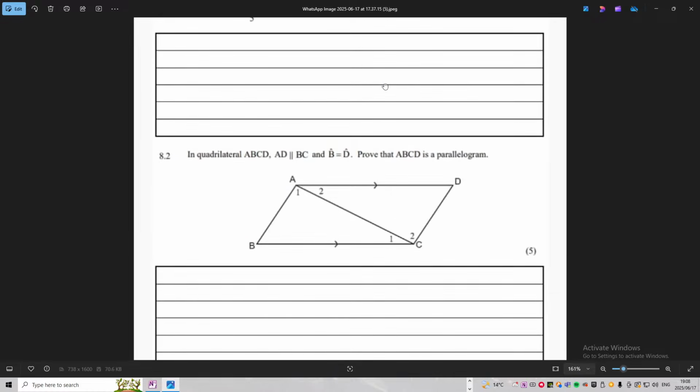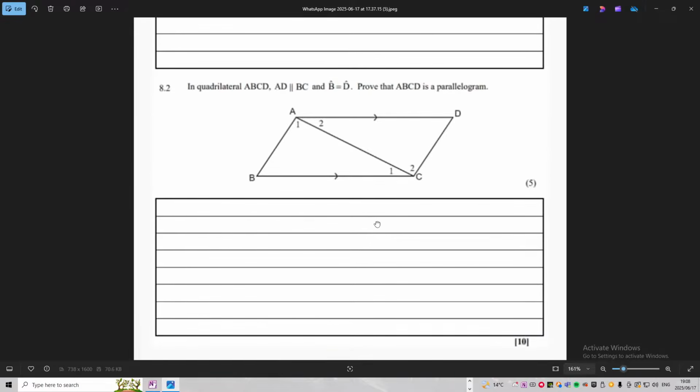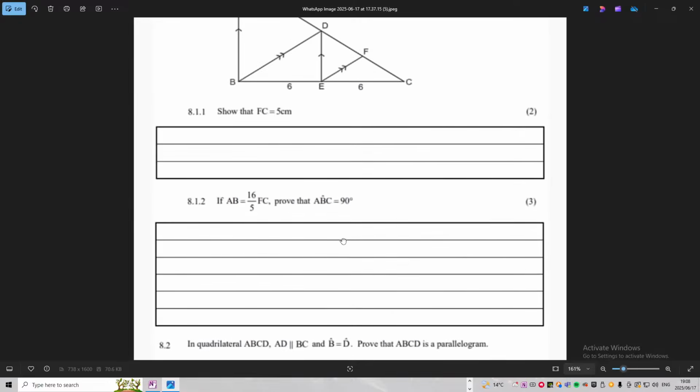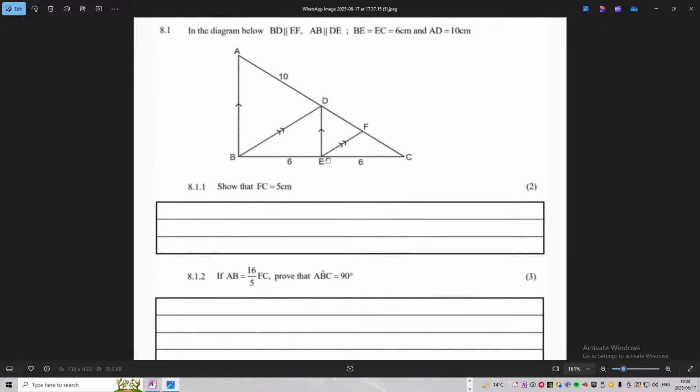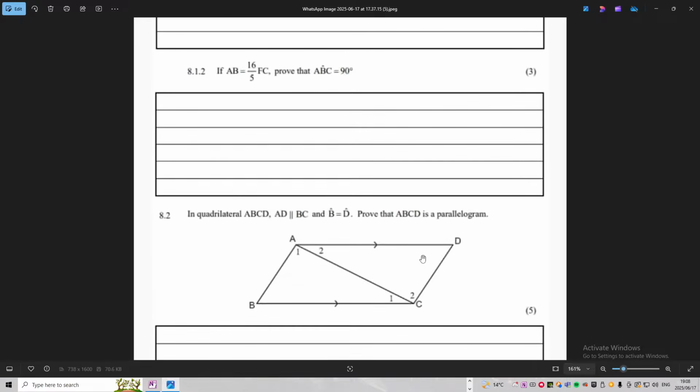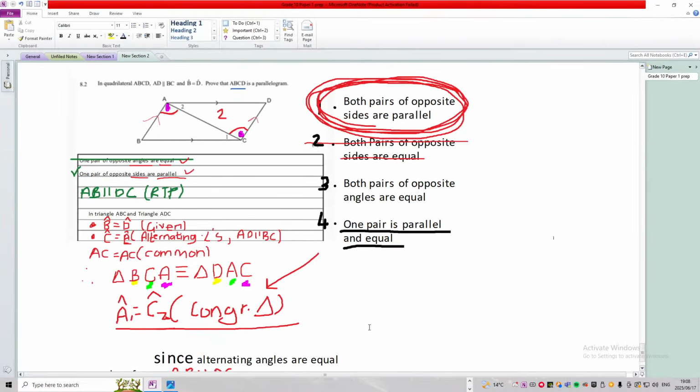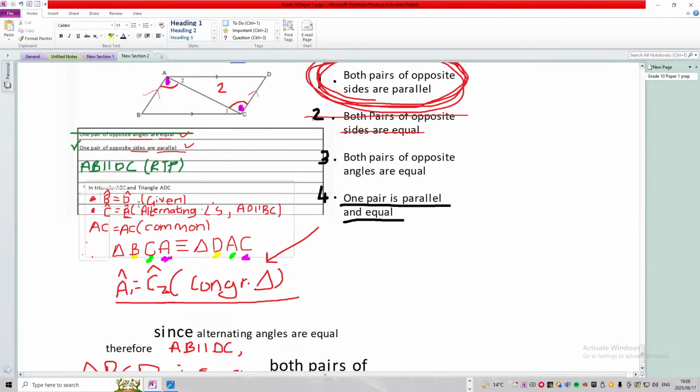It still took 10 minutes. Yeah, it took 10 minutes for me because I'm explaining every single step, but if I did this without talking to anybody, it would take me 3 minutes. Once you understand it, you work through it faster. All I did was write down the given angles equal, and then the alternating angles were equal.